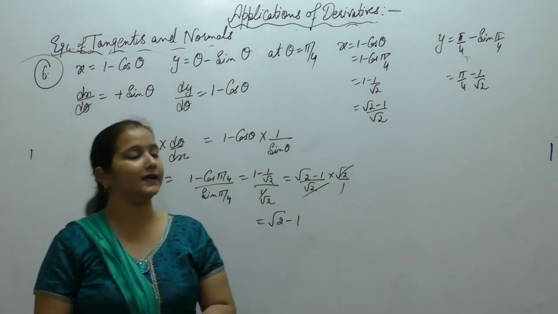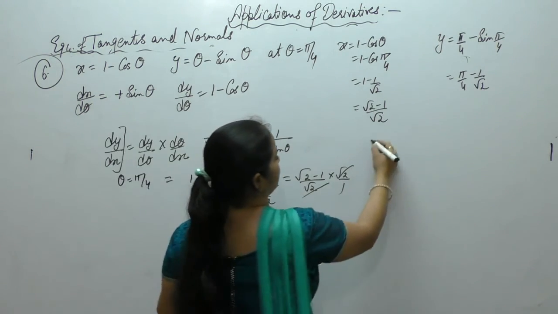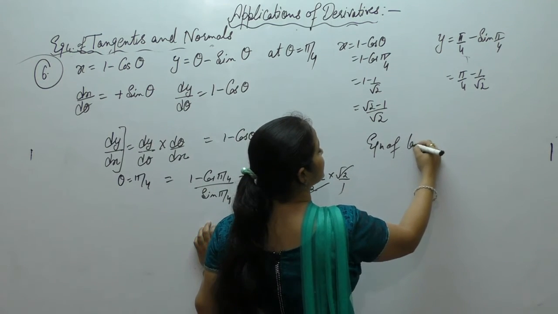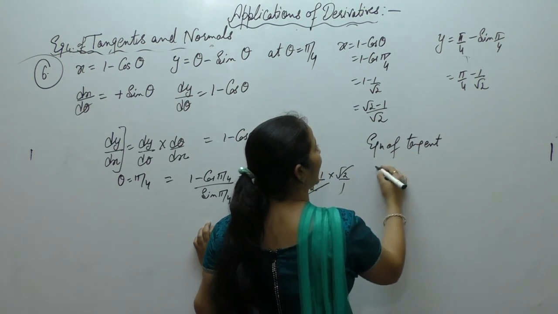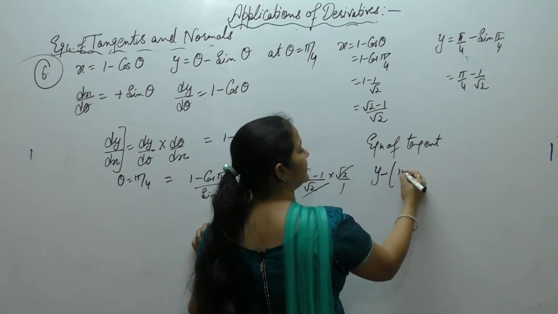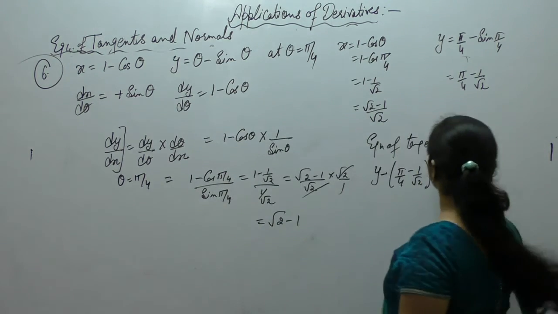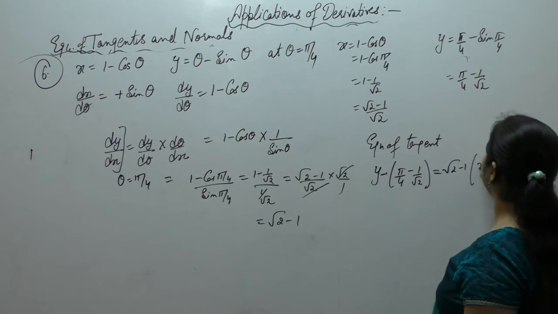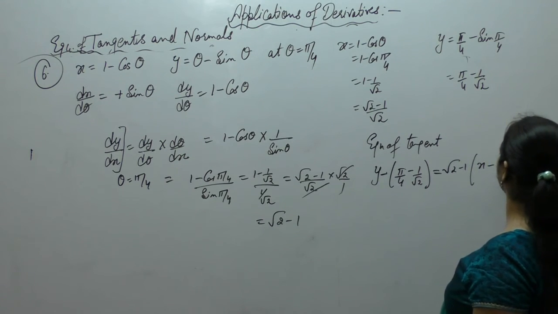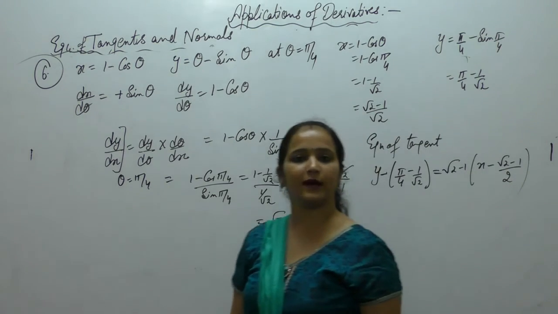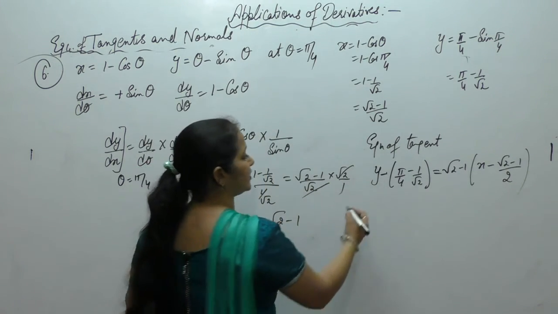Now we want to find the equation of tangent. Equation of tangent is y minus y naught, the equation passes through this point, is equals to slope of tangent into x minus x naught. This is the formula we have.